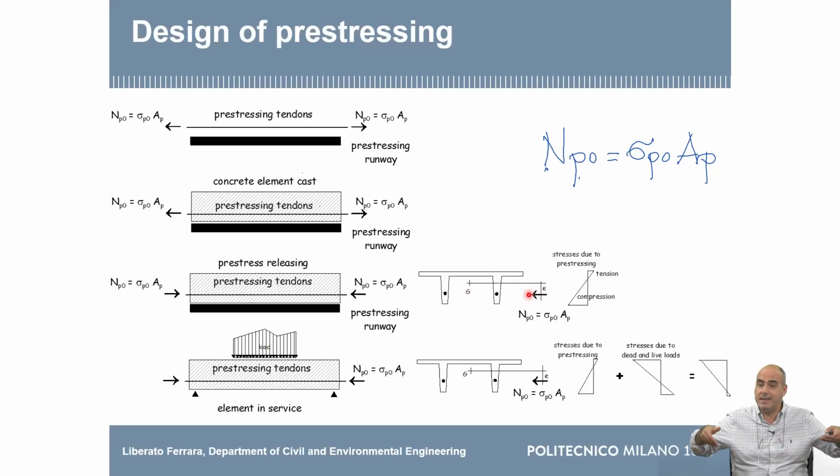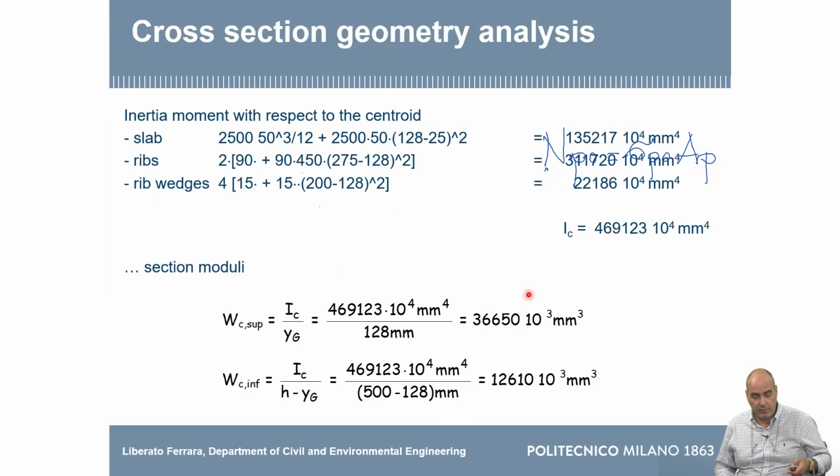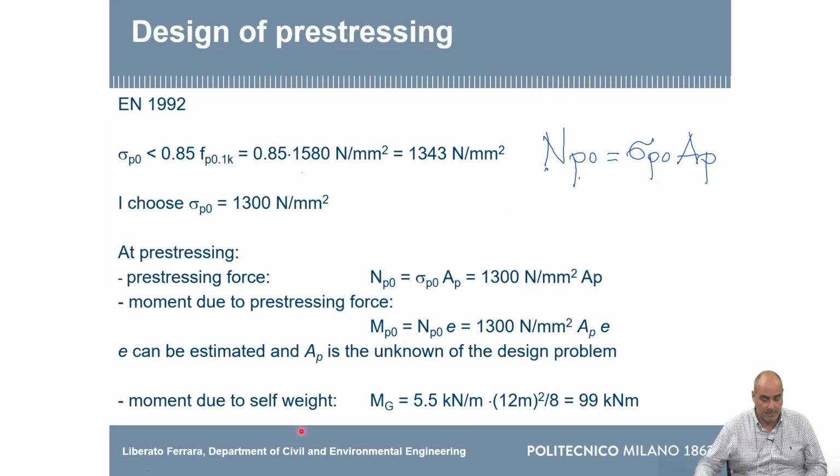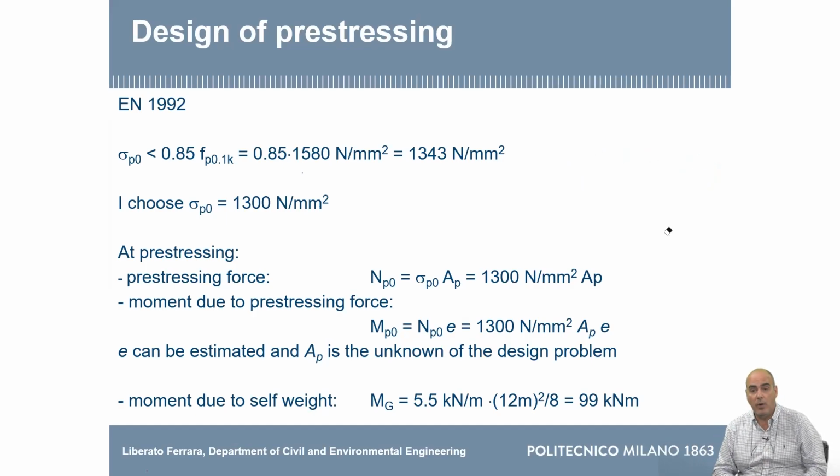So this means that your pre-stressing action has also automatically a moment effect together with it. So this moment effect, how do we calculate? Well, we calculate it as the force times this eccentricity, but still, this eccentricity, we do not know how much that is. So our design problem has two unknowns. How much pre-stressing area do we put, and where do we put it? Which, formula-wise, are AP and e.